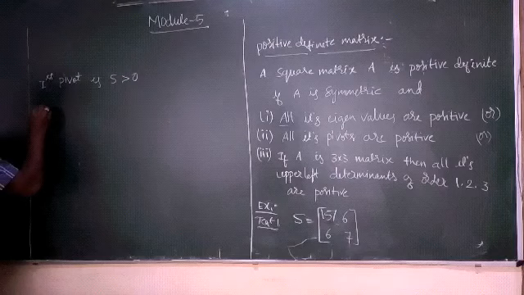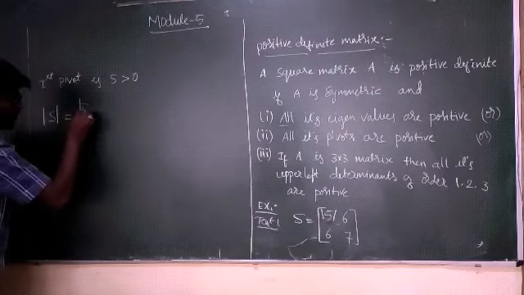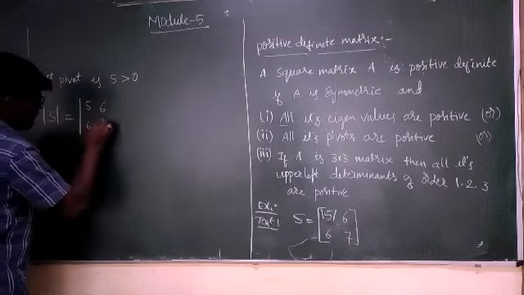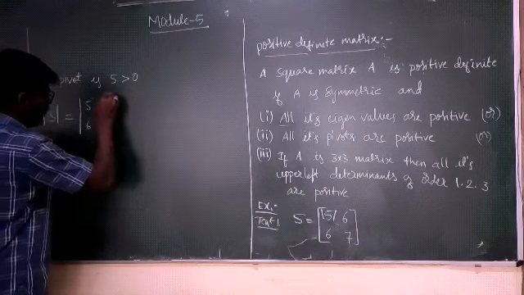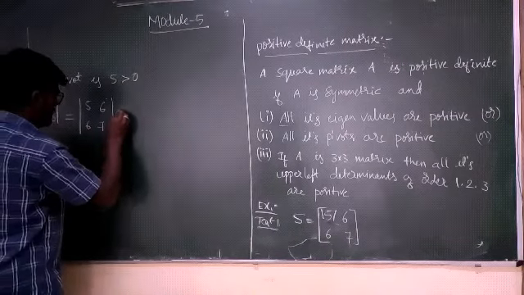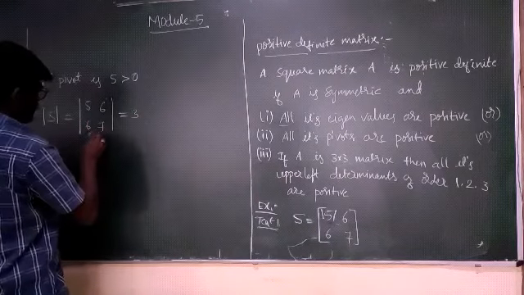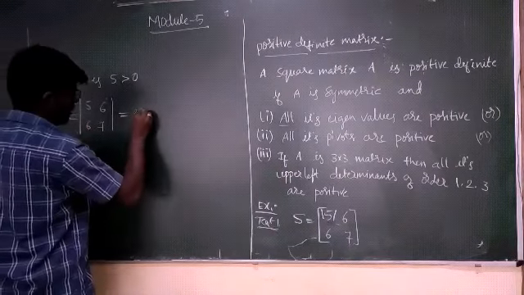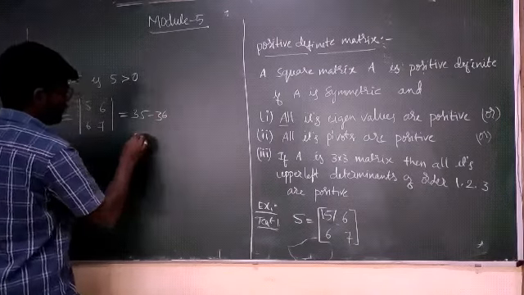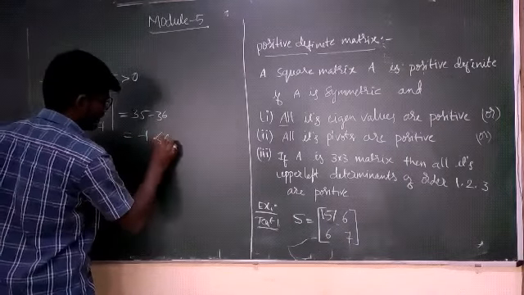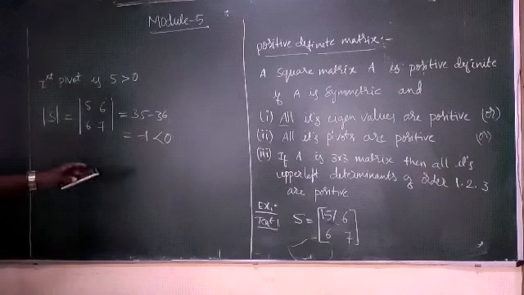And the determinant of S, which is 5, 6, 6, 7, is 5 times 7, 35, minus 36, which is equal to minus 1, which is less than 0.